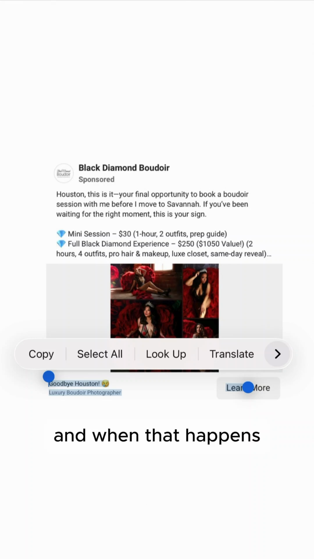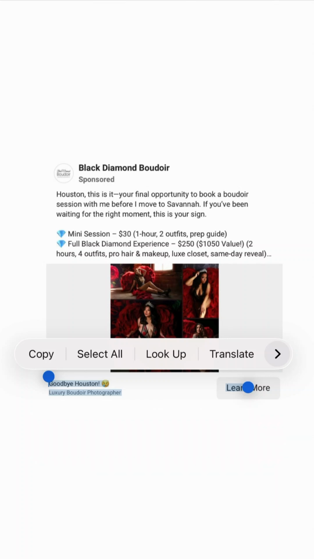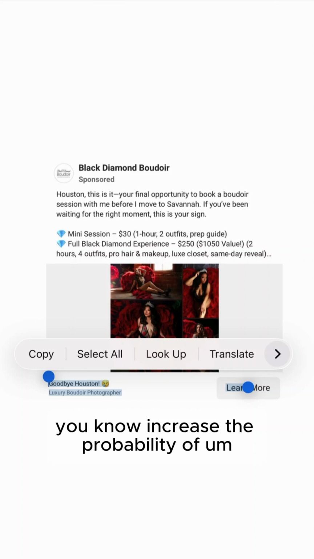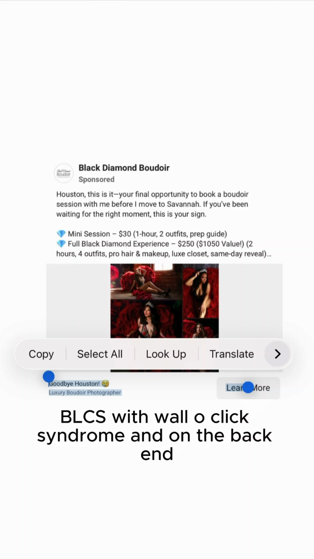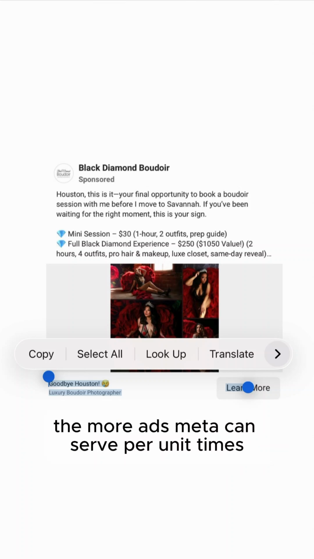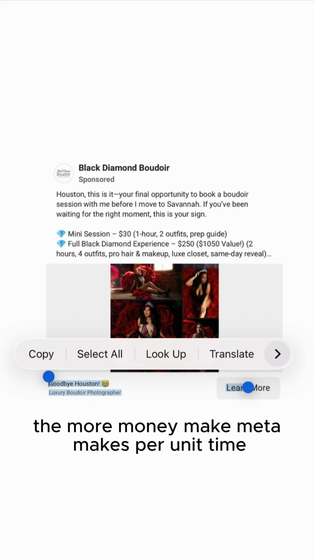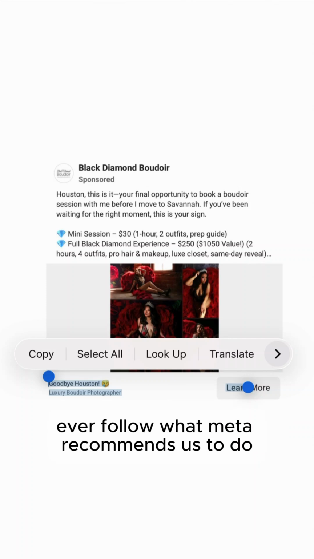That pulls our unique CTR under 6% and increases the probability of BLCS, Boudoir low click syndrome. And on the back end, the more women that scroll by our ad per unit time, the more ads Meta can serve per unit time, so the more money Meta makes per unit time. So that's why we never ever follow what Meta recommends us to do.